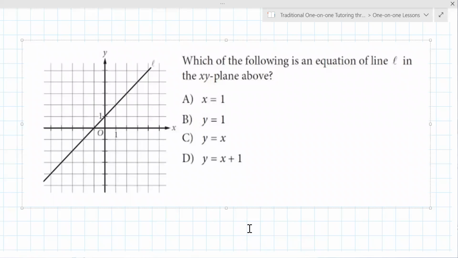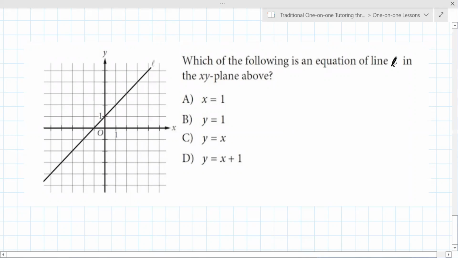Which of the following is an equation of line L in the xy plane above? What is that called? L, it's just the line. Yeah, okay. Got it.